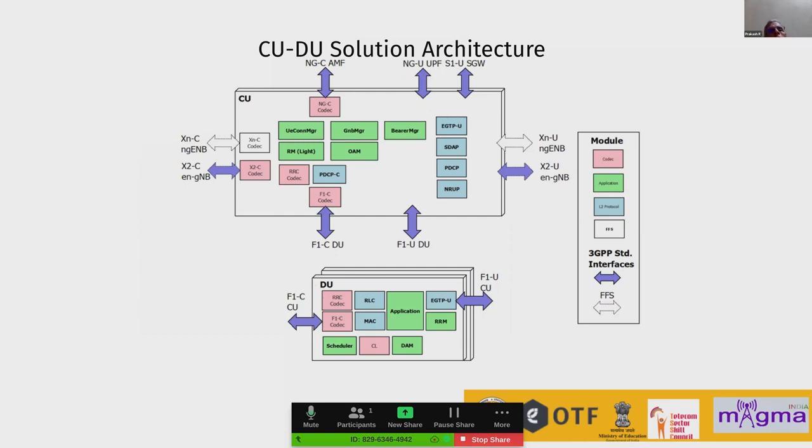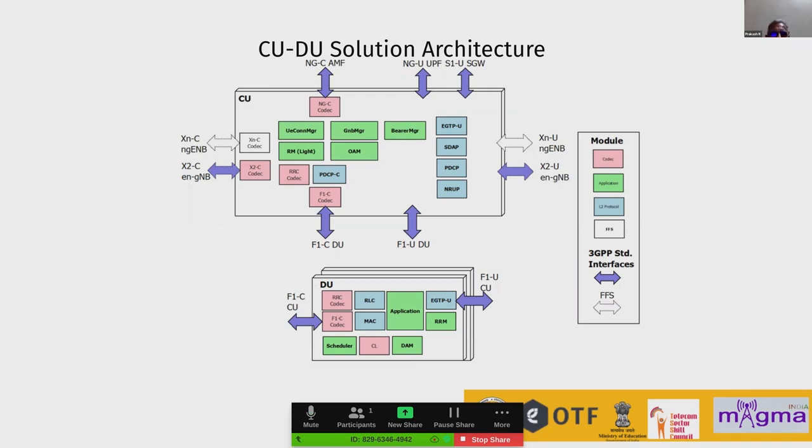Those are the coding aspects where the CU has to deal with heavy processing, and the rest of it is management functions, such as bearer management, operation and administration, and then you have the GNB manager, the radio manager, and the UE connection manager.